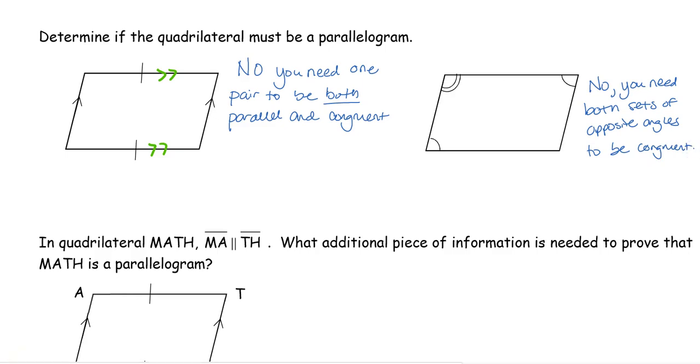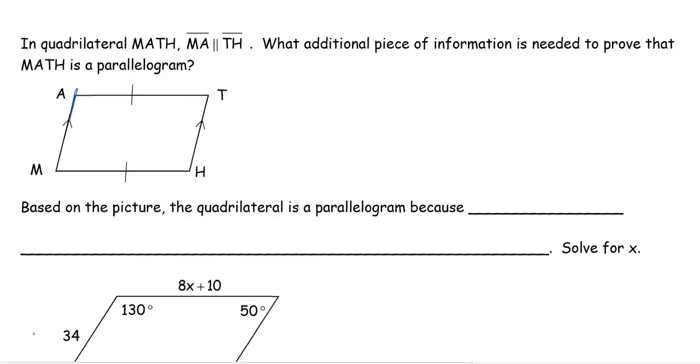So now we're going to move on, and we're going to say that we have our quadrilateral. What we want to do here is come up with what additional information is needed to prove it's a parallelogram. In this diagram, we have the left being parallel to the right, and we have the top congruent to the bottom. We talked about in the last one how that's not enough information.